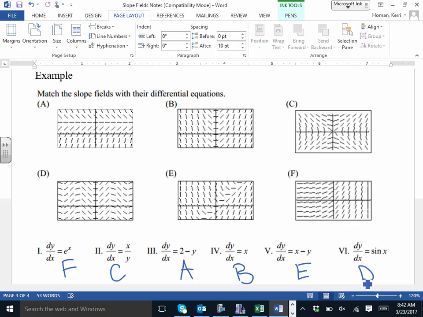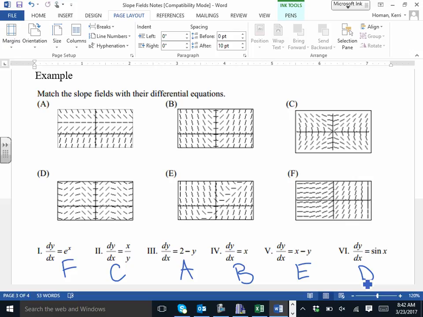Okay, I always like to look for patterns like this 2 minus y. Since it solely relies on y, you're going to see horizontal patterns, right? It doesn't even matter what x is, so you're going to see patterns across. If you have one that solely relies on x, you're going to see patterns straight up and down, okay?